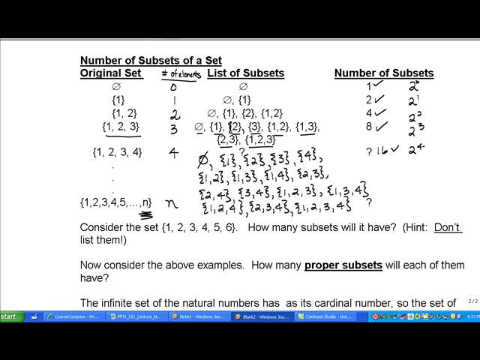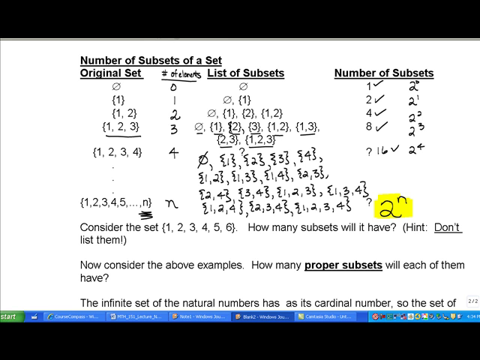Remember, any number to the 0 power is 1. 2 to the 1 is 2. 2 squared is 4. 2 cubed is 8. 2 to the 4th is 16. So when you have n elements, you're going to have 2 to the n subsets. That's the important formula that you want to remember from this exercise.